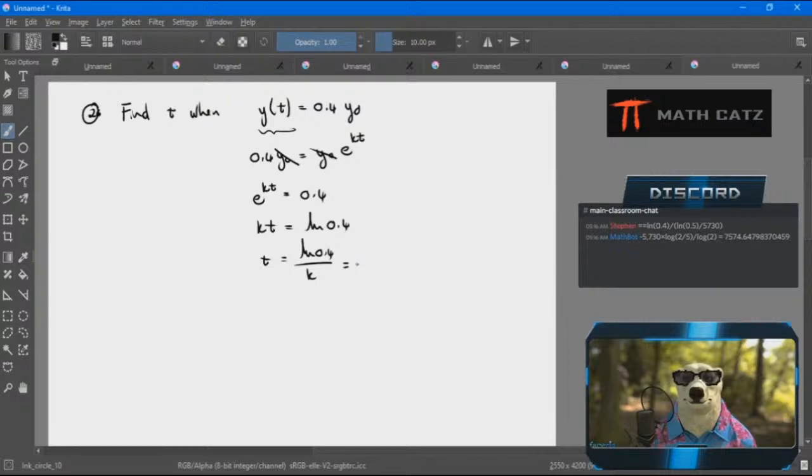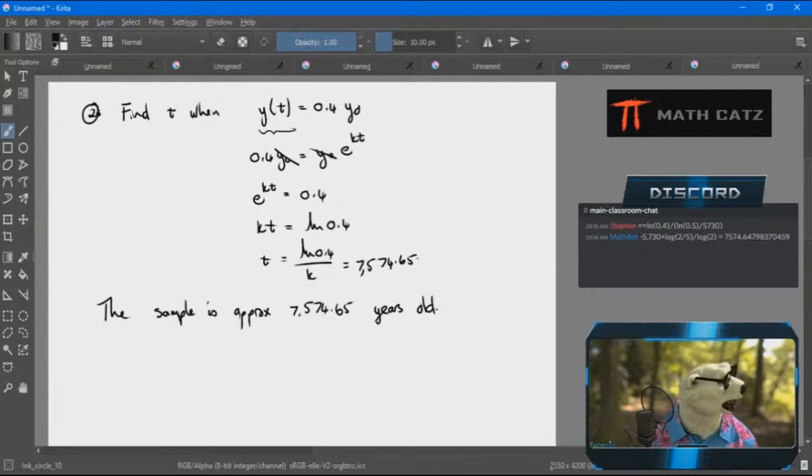There we go. 7574.65. So I could say the sample is approximately 7,574.65 years old.